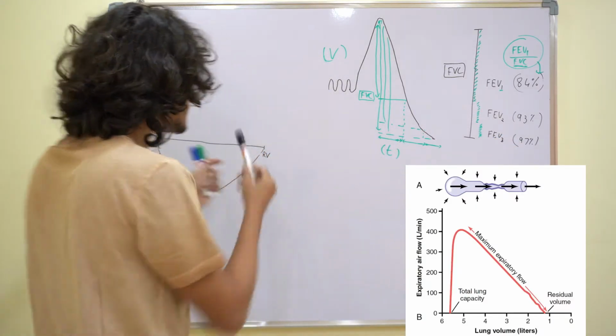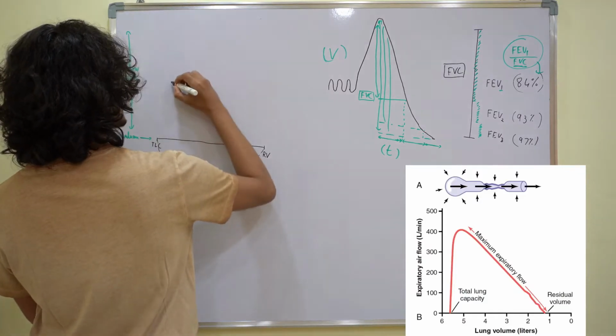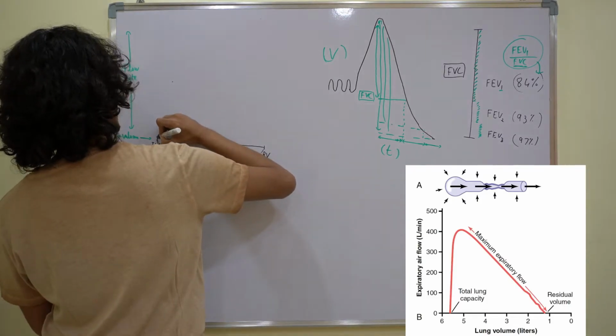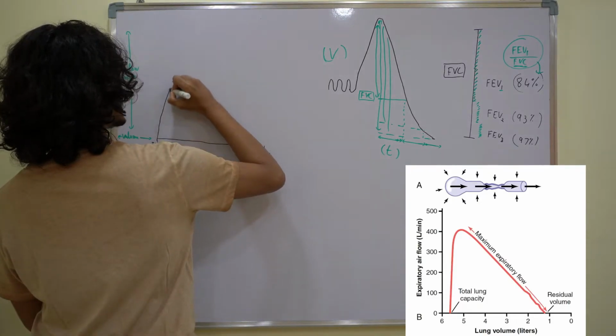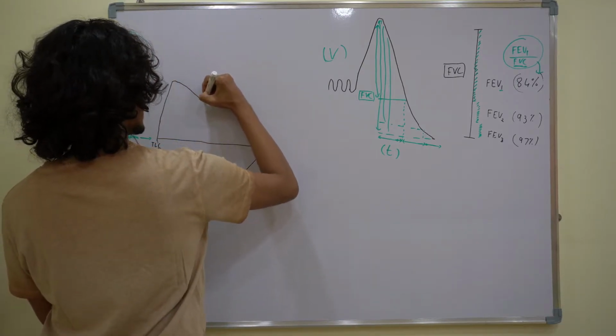Initially there is a time when it becomes maximum fast. So the flow rate will be maximum at one point, and then it keeps reducing.